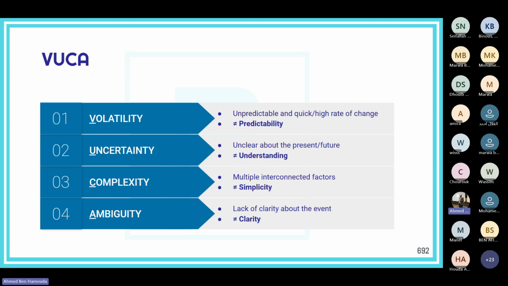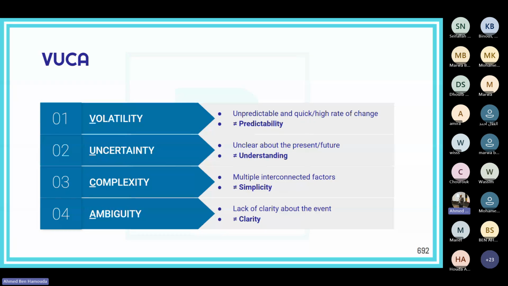If we're talking about a stakeholder, we say the behavior of this stakeholder is uncertain, because we cannot understand their behavior or follow them closely. So that's what uncertainty is about, being unable to understand clearly certain events or circumstances.